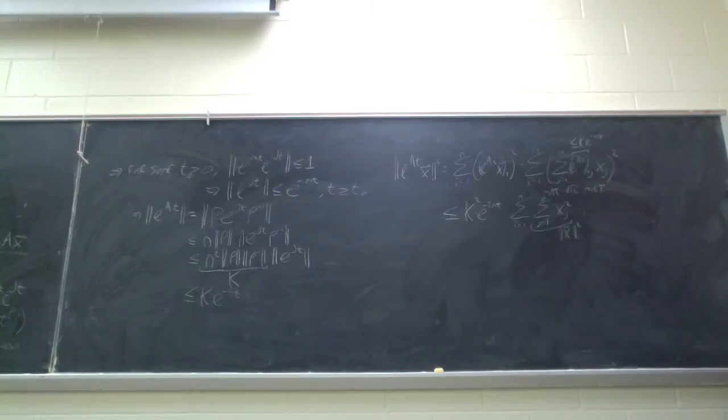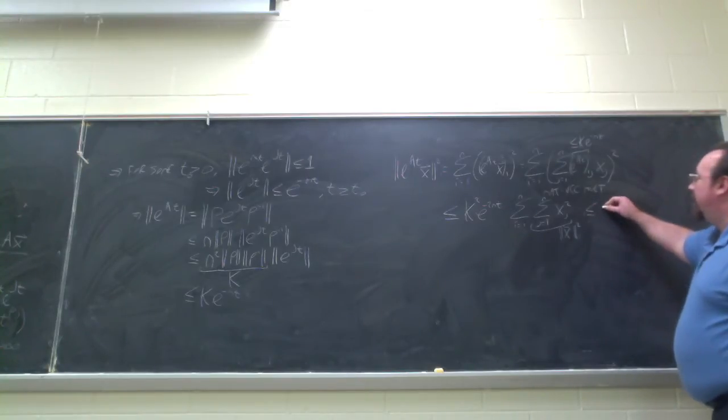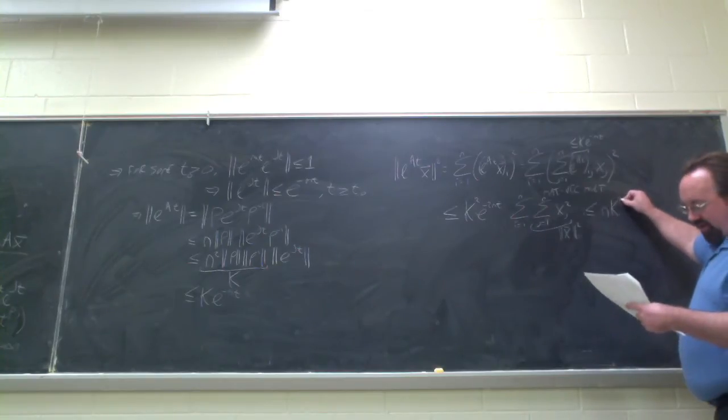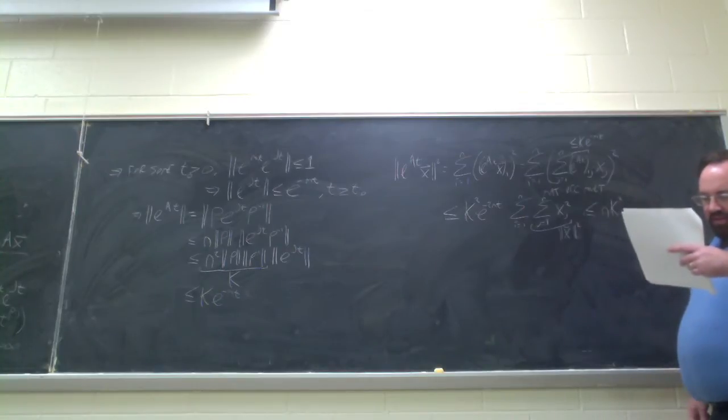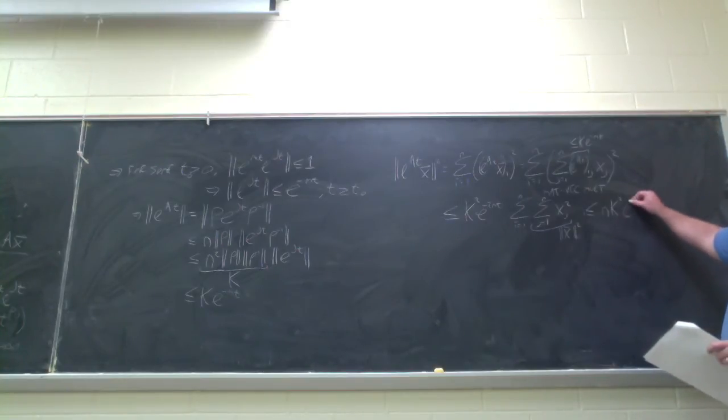And then I have this meaningless sum over i that's not doing anything. Well, that's just going to give me a factor of n. So what I get is n K squared e to the minus 2mt, and then norm of x squared.